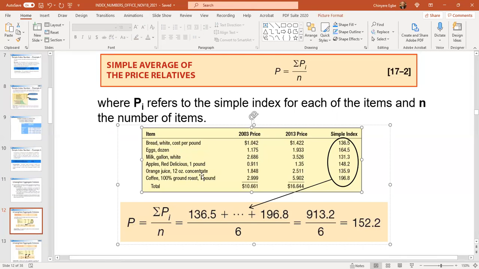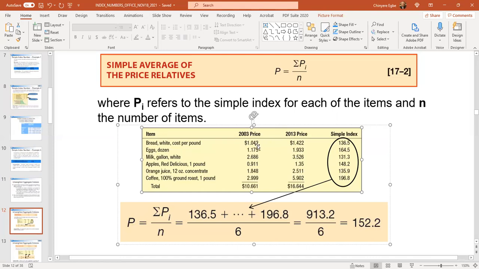Simple because we are looking here at pound, dozen, gallon, concentrate, and what have you. And so suppose you consumed this basket of goods in 2003. How do you compare the cost of this basket of goods in 2003 to the same basket of goods in 2013?